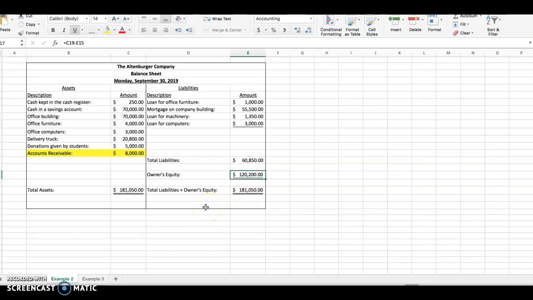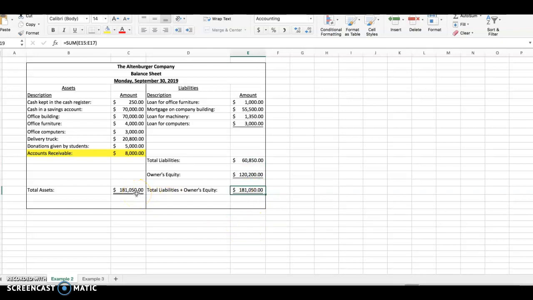Now that went up. When you subtract liabilities from assets, you get $120,200, and that means the owner has a greater value because people owe us money. And when you add these two numbers, liabilities and owner's equity, you get $181,050, which balances.